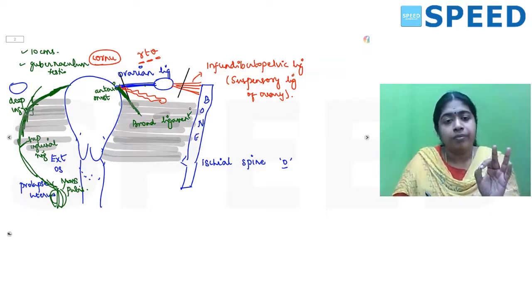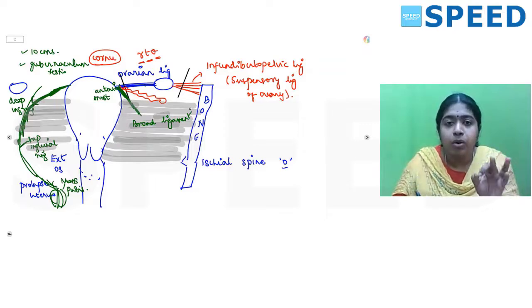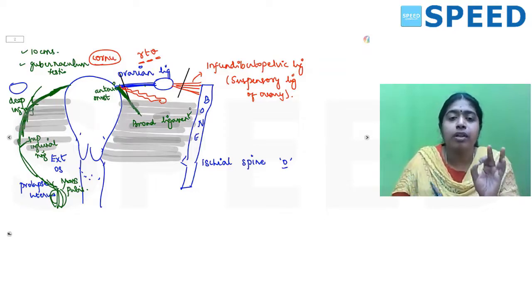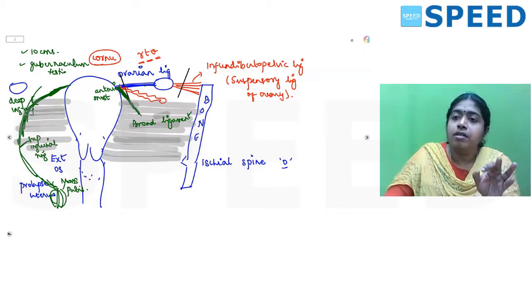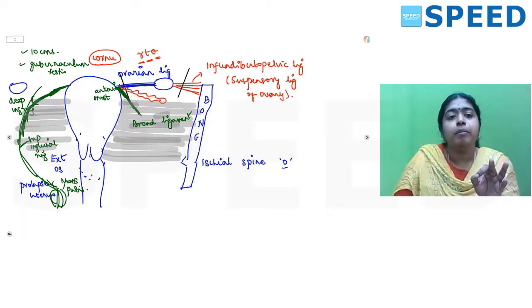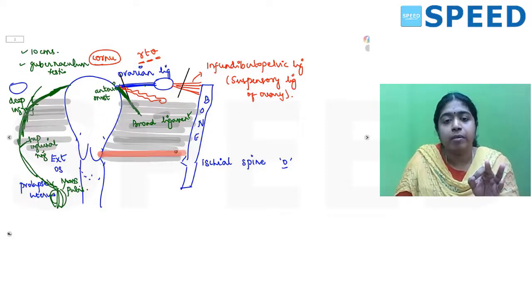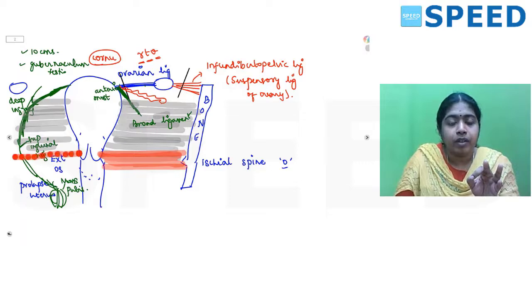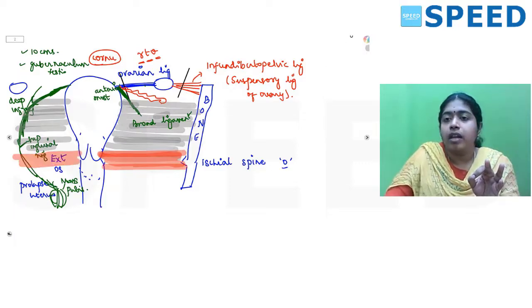That's it. Now we are going to talk about the most important ligament. The name of the ligament itself is important ligament. That means what ligament? Cardinal. So we are going to talk about the cardinal ligament.